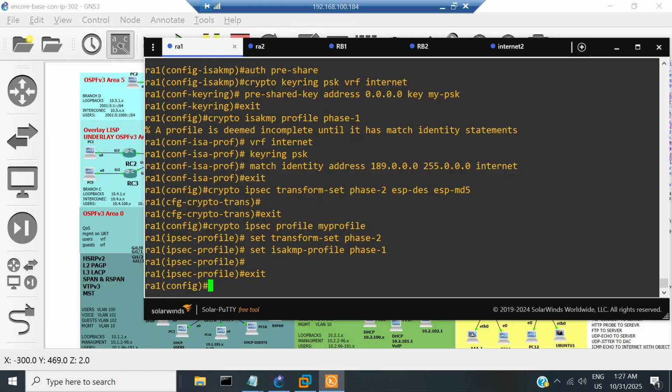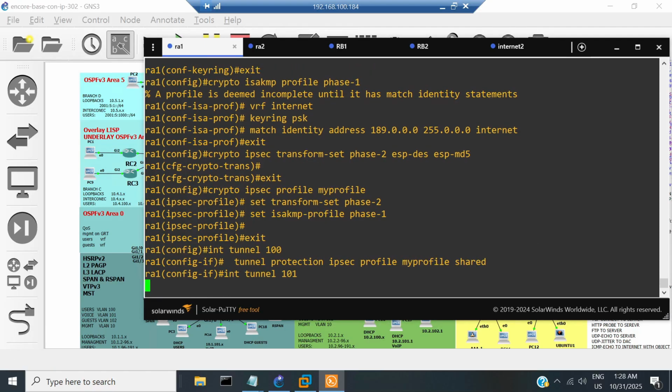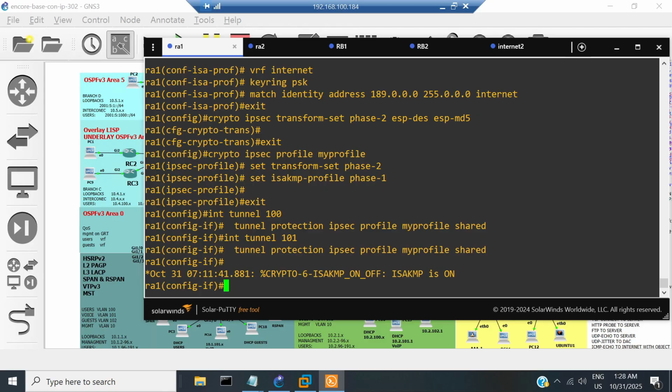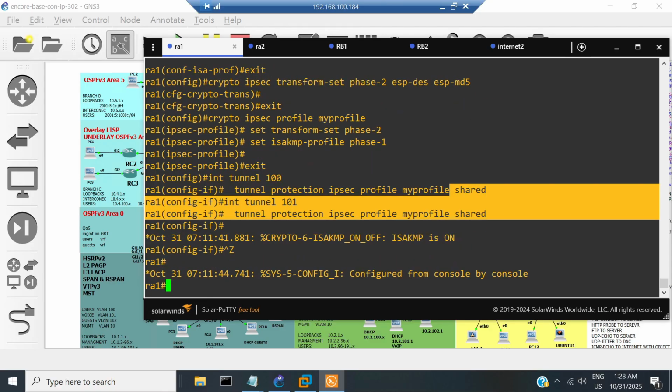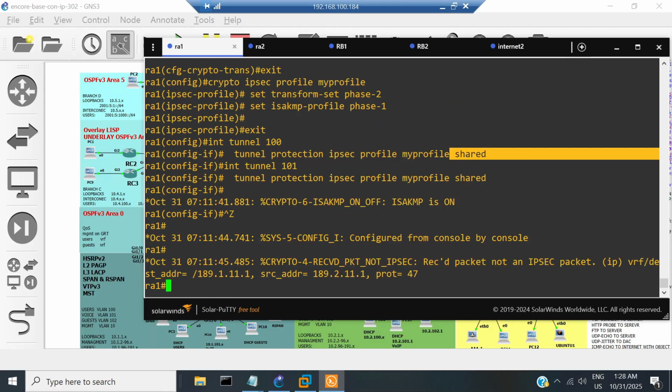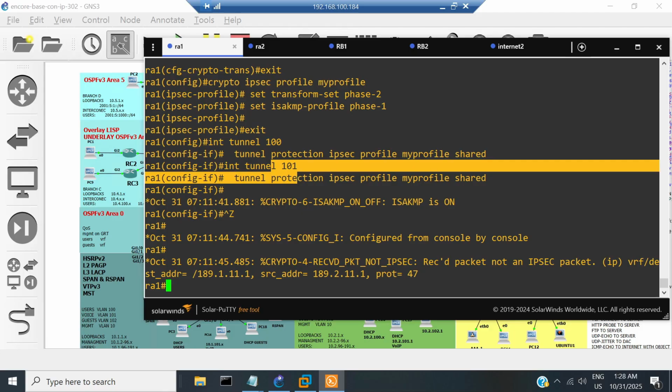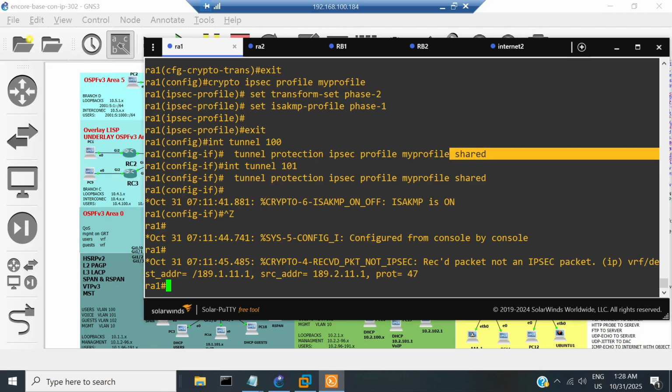Now let's apply this profile to the tunnels. Notice that we are using this parameter that is shared. That means that I am using the same profile for more than one tunnel. So if we are using the same IPsec profile for more than one tunnel, we must include this parameter.